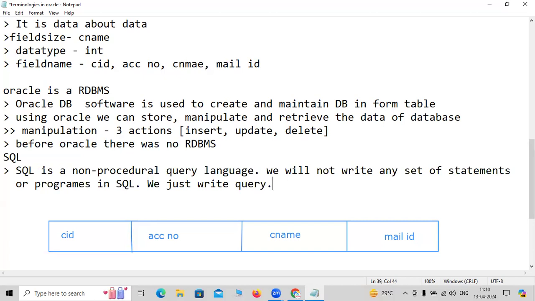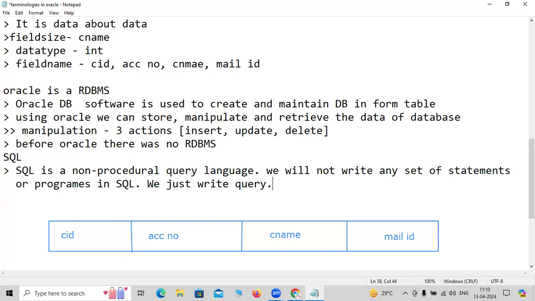Like in any programming language, for example Java, we write a program which is a set of instructions to do a particular task. We have input and we have output.